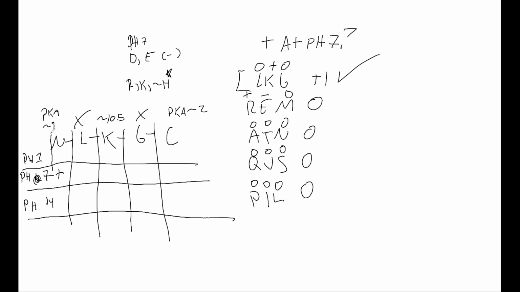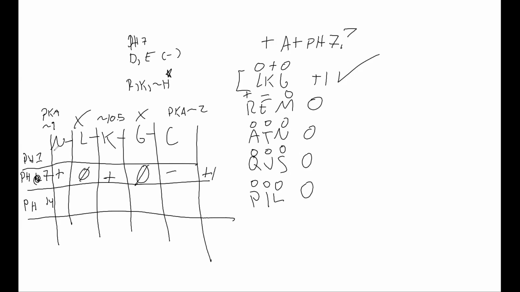The N-terminus is positively charged. Leucine, neutral. Lysine, positively charged. Glycine, neutral. C-terminus, negatively charged. Overall charge, positive, positive, negative. So +1, +2, -1. So overall +1. I'm just adding up the charges there.